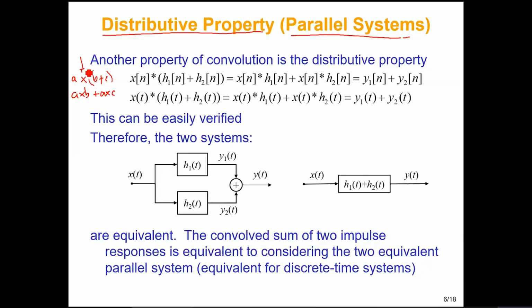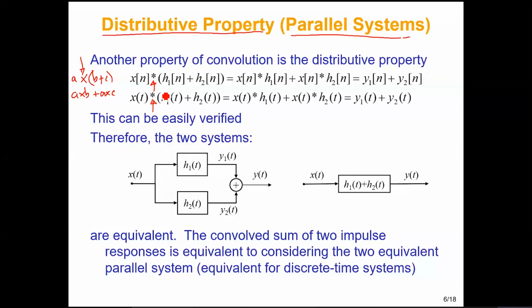Same you can see right here, the convolution operator also has the same distributive property. If you convolve x of n with the sum of h1 and h2, it is the same as convolving x of n with h1 plus convolving x of n with h2. It will give you exactly the same result, and this is true for both continuous and discrete time.